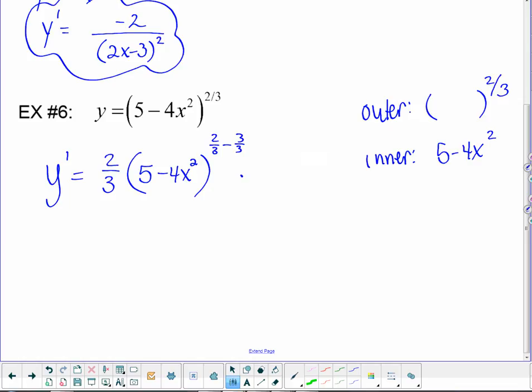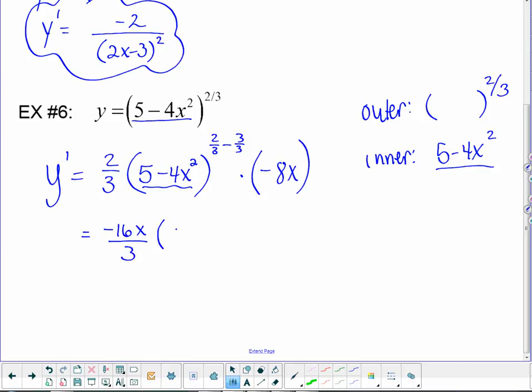Now, next step is I want to take the derivative of the inside piece, which I could look over here as well, or I should look up here. There's the inside. And the derivative of that is going to be a negative 8x. Simplify. Negative 8 times that'll be negative 16x over 3.